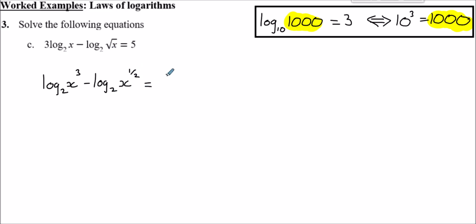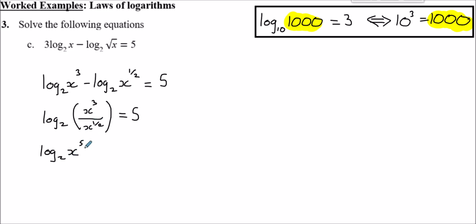And that equals 5. So this can be combined into one single log. So that's going to be log base 2 of x cubed divided by x to the half. But x cubed divided by x to the half, that's going to be the same as x to the power of 2.5, which is 5 over 2.